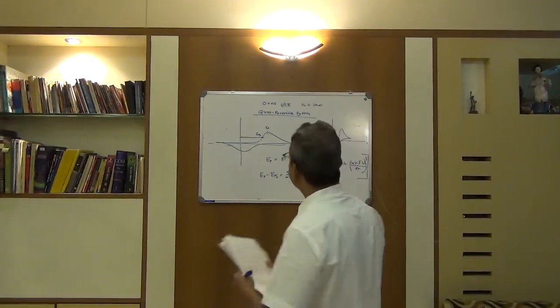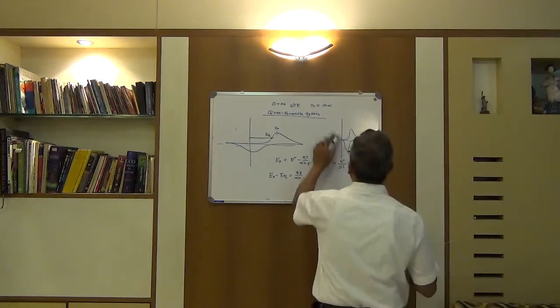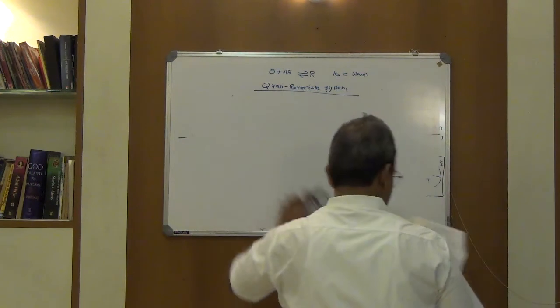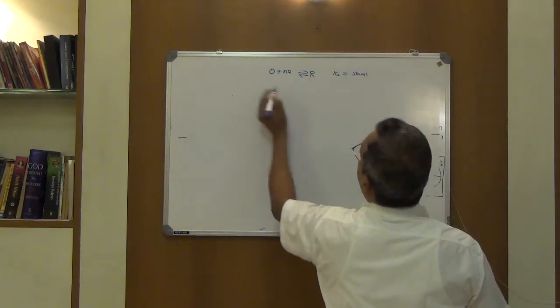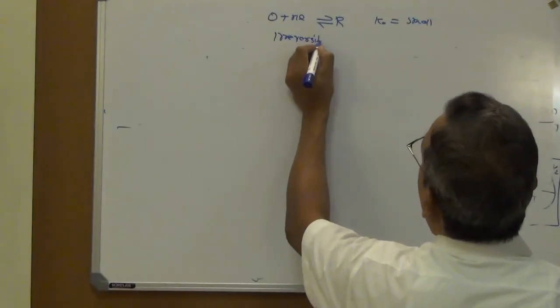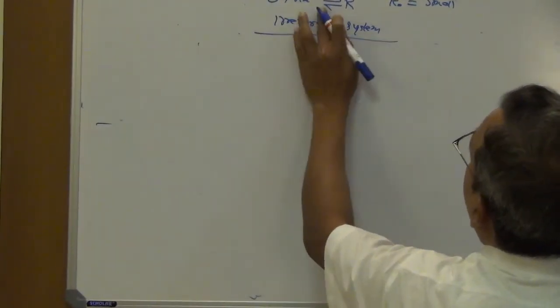There is one more system here, which is called a completely irreversible system. In an irreversible system, I don't have the back arrow, I have only the forward arrow.